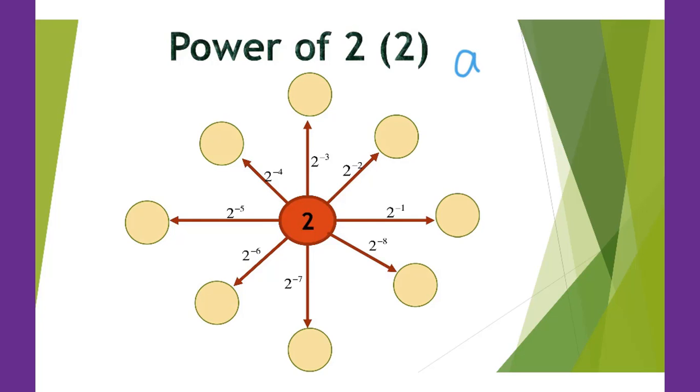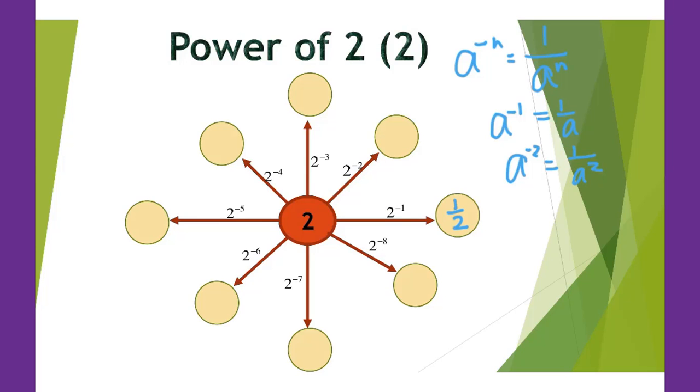We know a to the negative nth power means 1 over a to the nth power. So when you have a to the negative first power, that means 1 over a. A to the negative second power means 1 over a squared. Therefore, for 2 to the negative first power, that means 1 over 2.